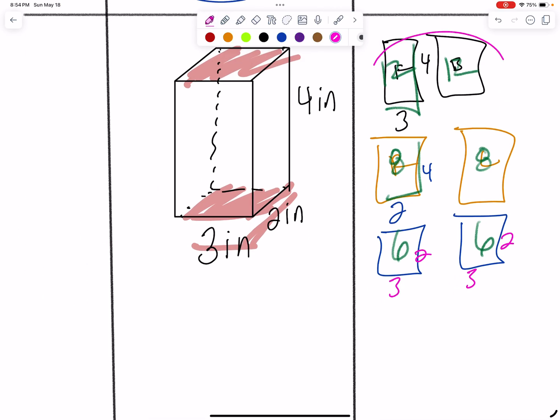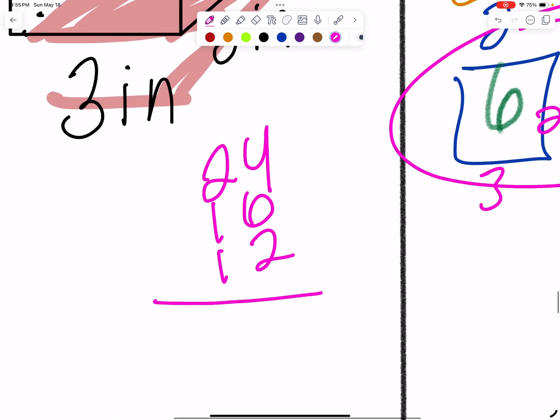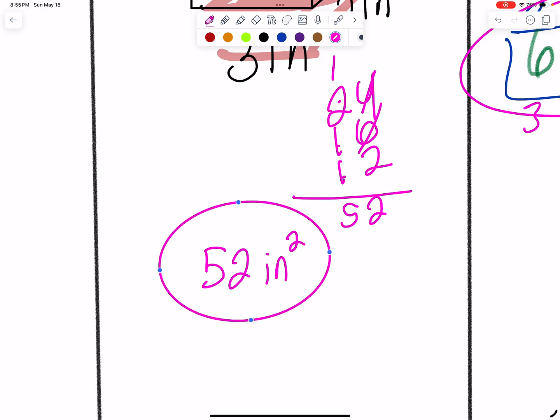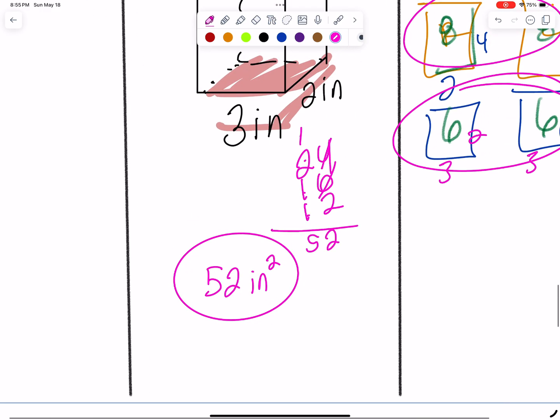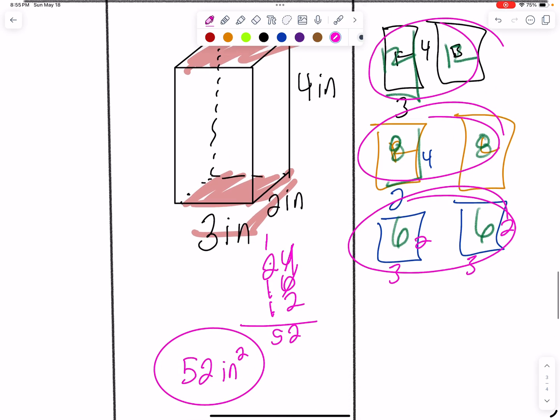All right, so 12 plus 12 is 24. 8 plus 8 is 16. 6 plus 6 is 12, and then I add them. The surface area of this one, how much wrapping paper I'm going to need to wrap my beautiful, beautiful present, is 52 square inches. All right, and that's how you find the surface area of a rectangular prism.